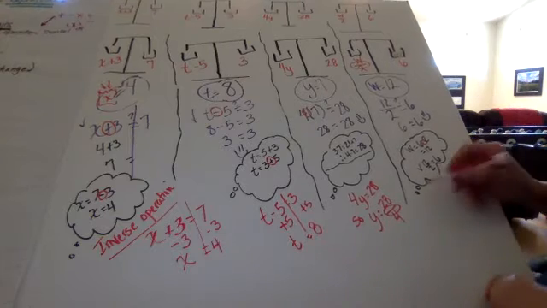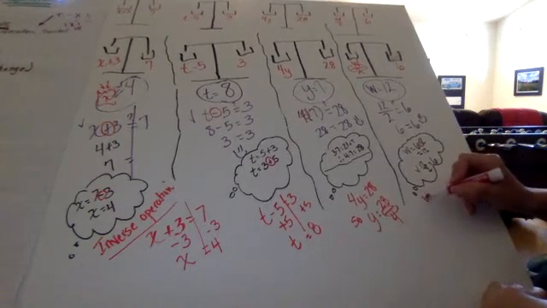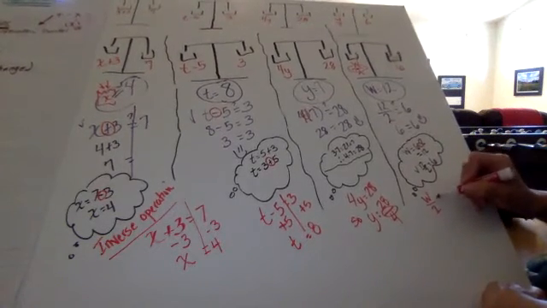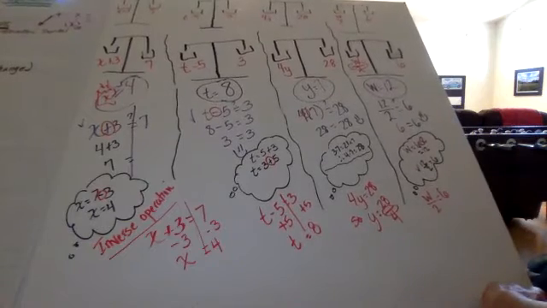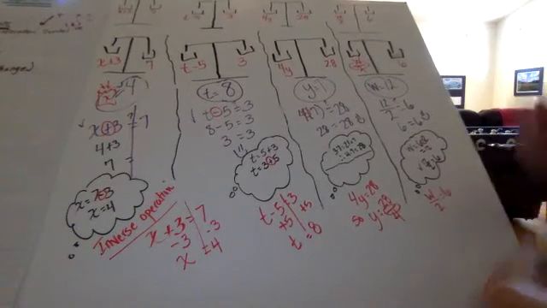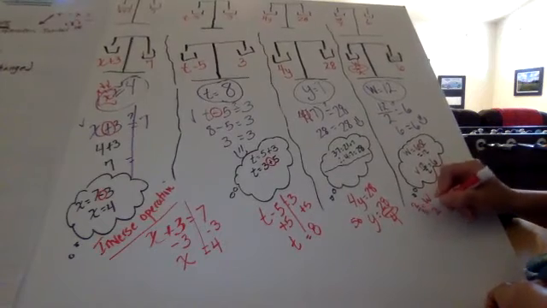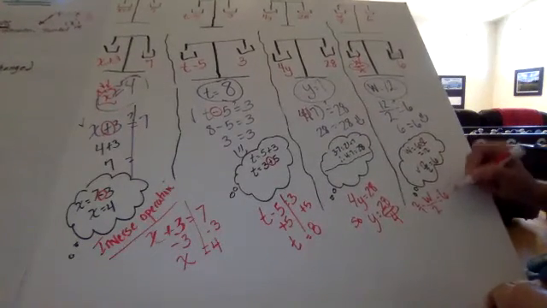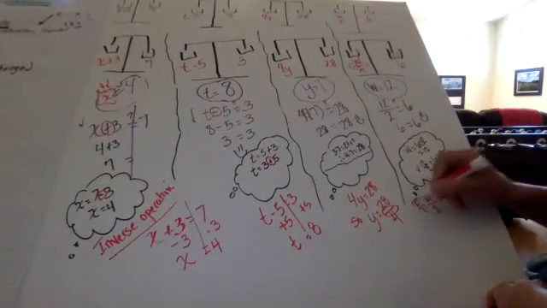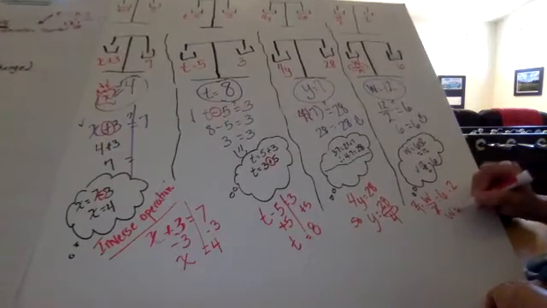So if I looked at this and we said W divided by 2 is 6, I don't want to know what half of W is, right? Because that's half. I want to know what a whole W is. So how do I make that whole? Well, I make that whole by dividing by 2. If I do it here, I have to do it here. So all of W is 12.